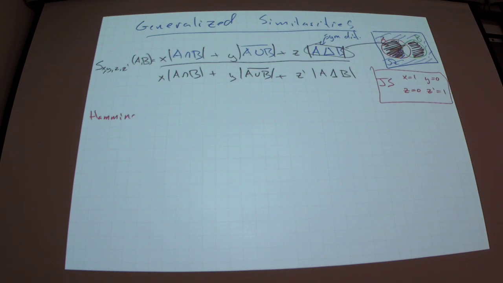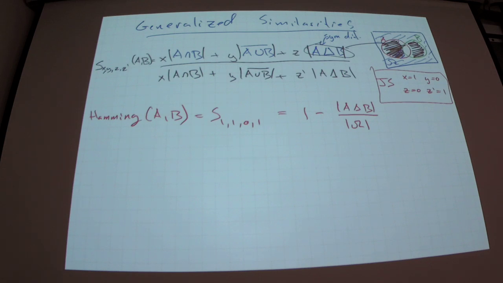There's something called the Hamming similarity between A and B. This is equal to the general form 1, 1, 0, 1. And after I simplify everything, it will be equal to 1 minus the symmetric difference of A and B divided by the size of the entire domain.